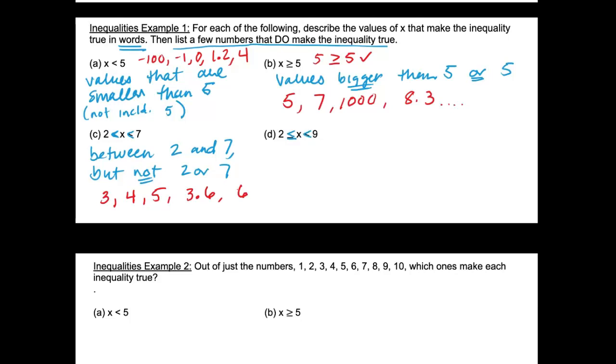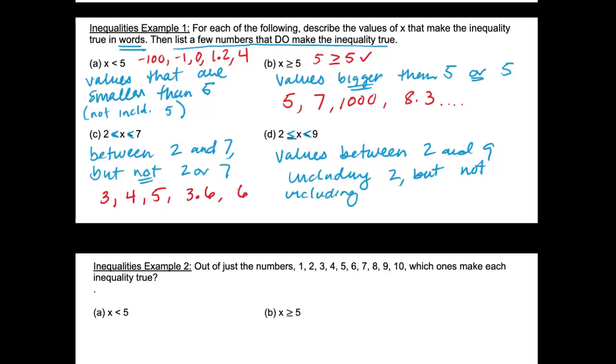And so we're looking for values between 2 and 9, including 2, but not including 9, because we have the line underneath the symbol next to the 2, but we don't have it with that 9, so it's just less than 9.